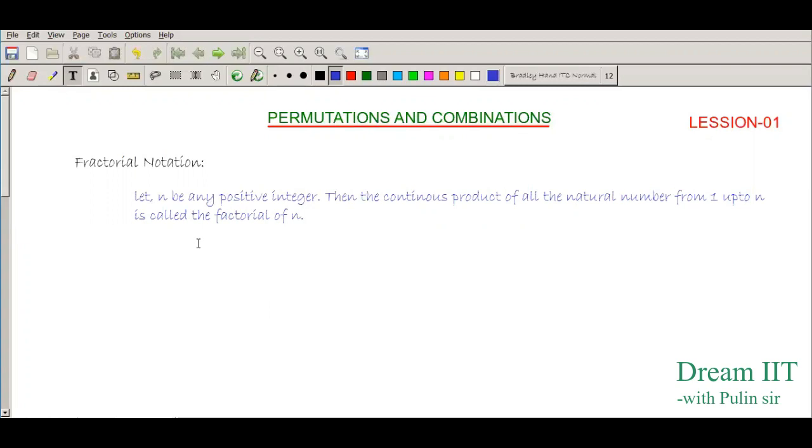That is, the factorial of n is nothing but the product of all natural numbers from 1 to n.